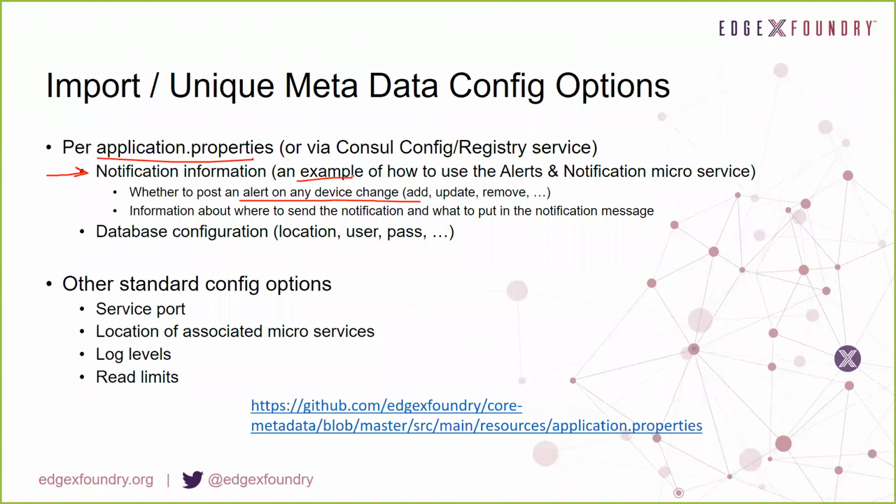It's a way for other systems, either external or internal, to receive indication about a new device being connected to EdgeX. By default it is on, and you can configure this notification information about where to send information about those new devices, those updated devices, those removed devices.